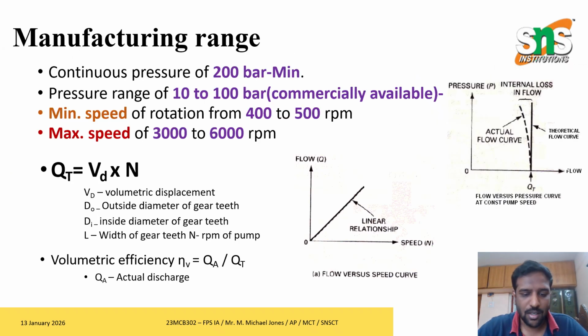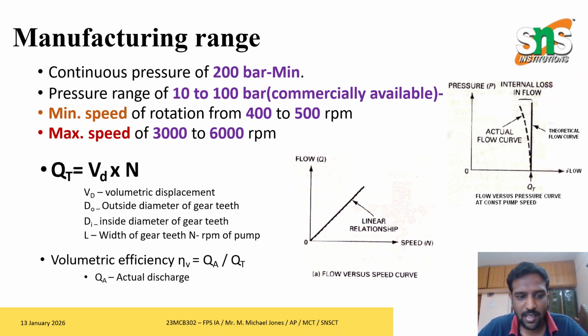Now the performance parameters of the gear pumps are shown here. A continuous pressure of 200 bars can be maintained, and commercial gear pumps operate in a pressure range of 10 to 100 bars. The minimum operating speed ranges from 400 to 500 RPM, and the maximum speed can go up to 3000 to 6000 RPM.